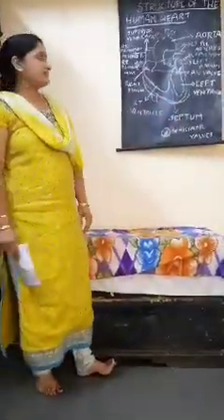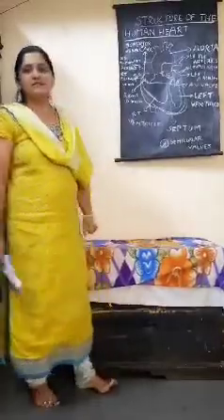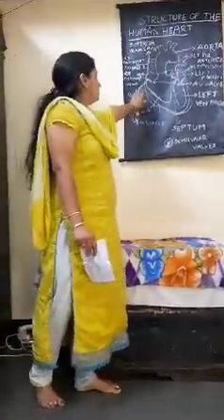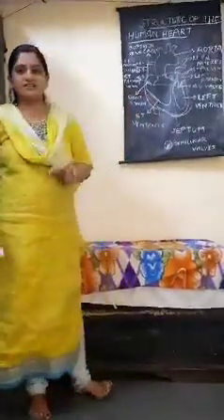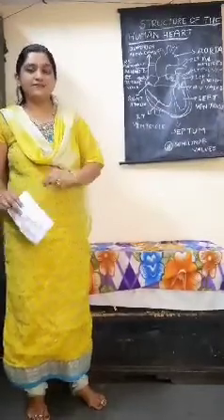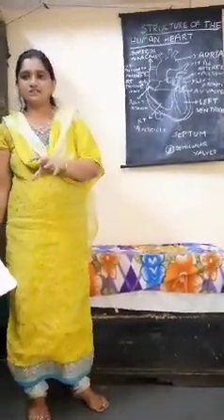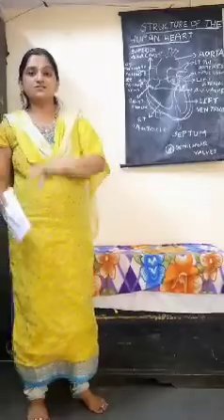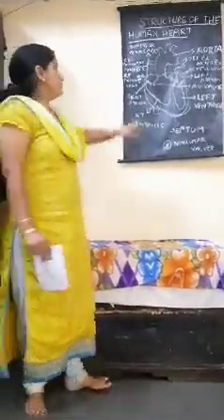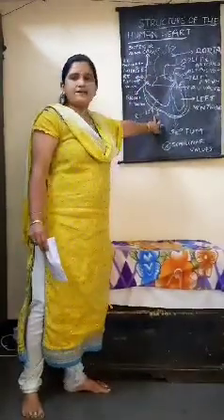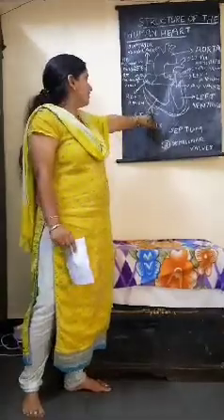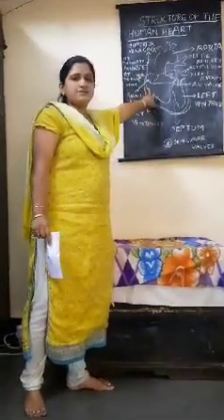Now we'll see how blood circulation takes place in the heart. First, the deoxygenated blood from the cells and tissues of the body is carried by the superior vena cava and inferior vena cava from various parts of the body, and it goes to the right atrium.